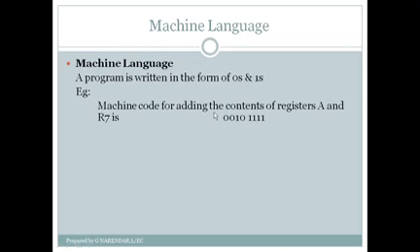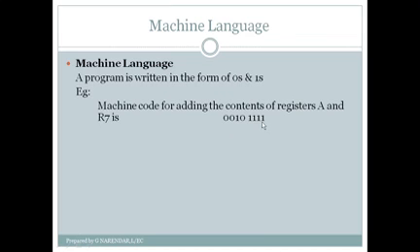so that means the machine code for adding the contents of register A and R7 is, so machine code means now we are writing the instruction by using machine language, and the instruction that we give in machine language is sometimes called machine code. The machine code that we have to write for adding the contents, where one number is stored in register A and another number is stored in R7, looks like 00101111.